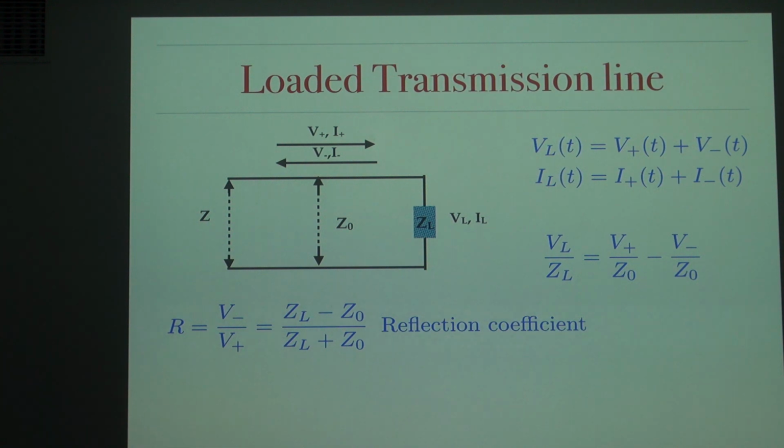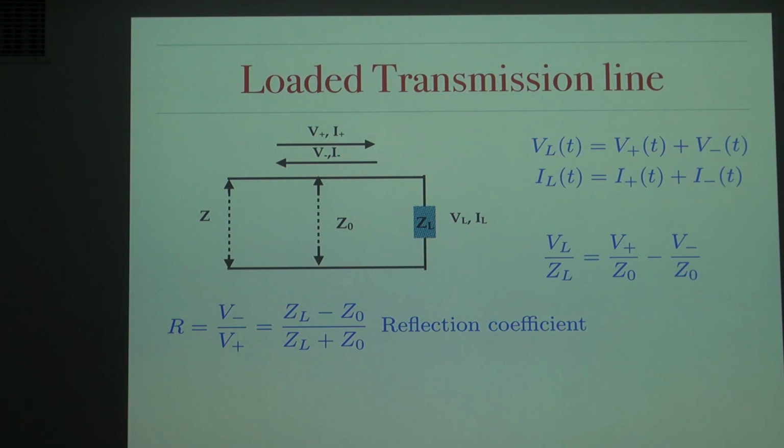I can solve it, and I can define the quantity which is called the reflection coefficient. And this is a ratio of the, because the V plus goes right, so it is convenient to say that I am looking at what is going left as the reflection.